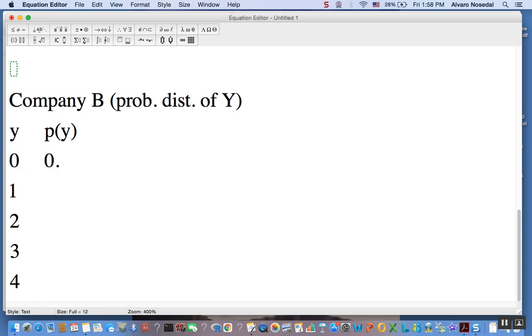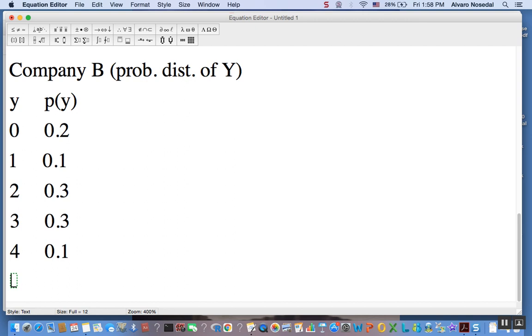Now, corresponding probabilities for each of those values: 0.2, 0.1, 0.3, 0.3, and 0.1. Got it?